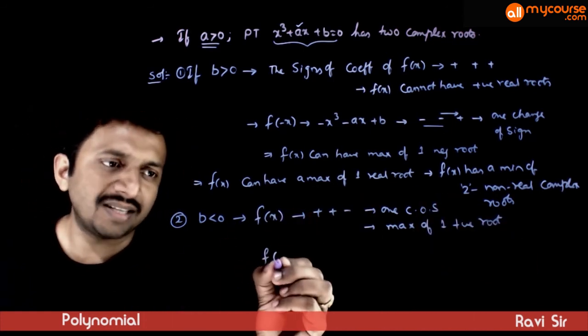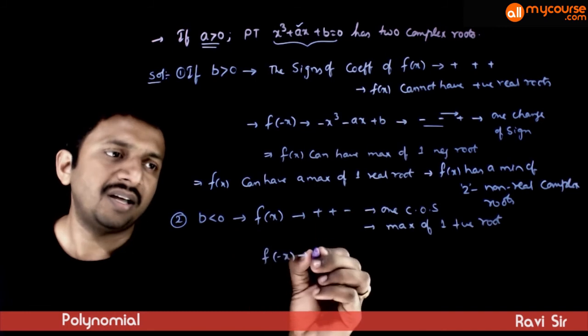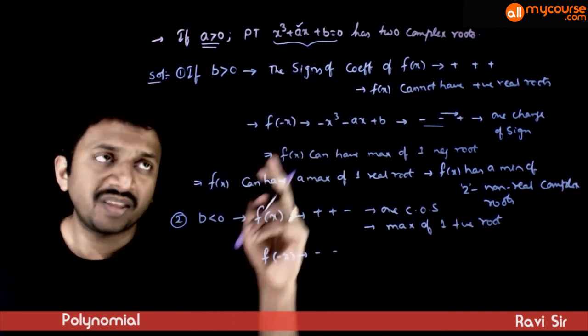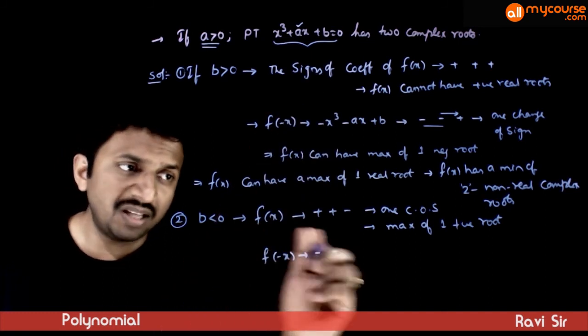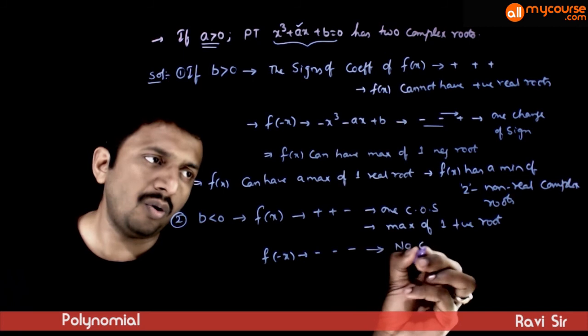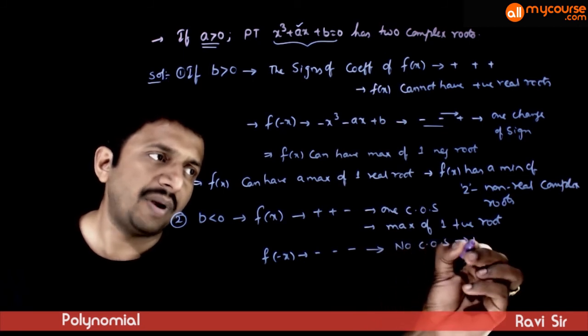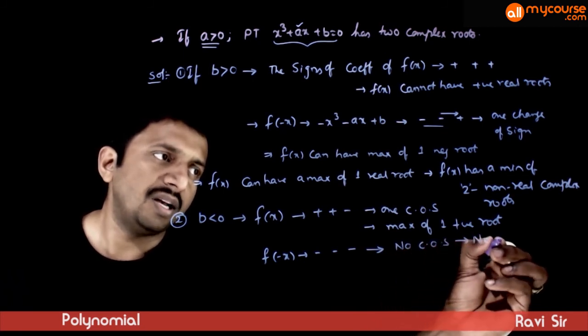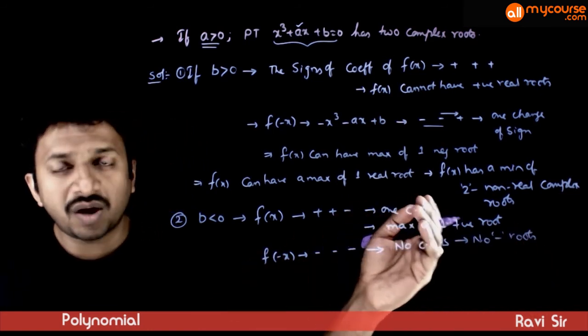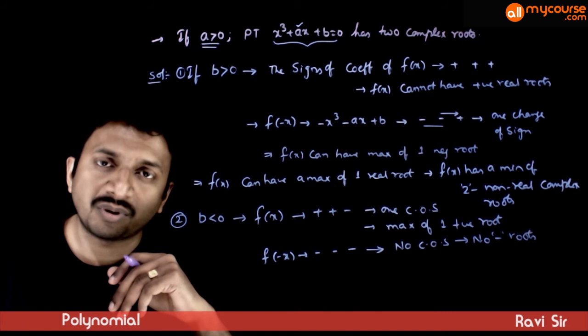Now f of minus x is nothing but minus x cube minus ax plus b, but b is negative, so you have all negative signs. So no change of sign. This implies no negative roots.